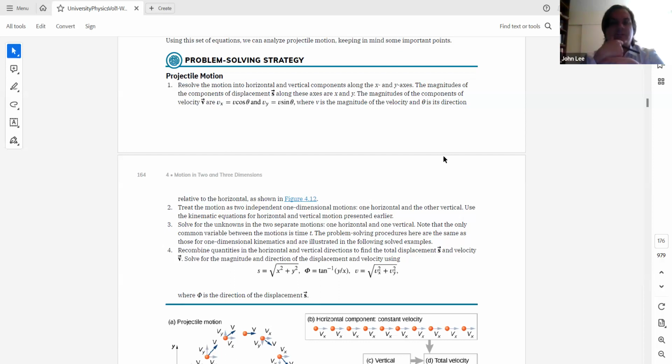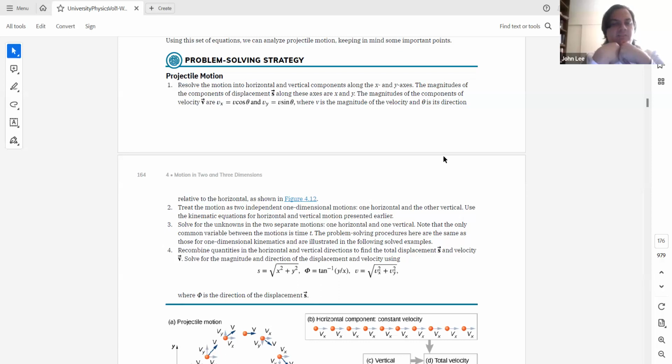The magnitudes of the components of velocity are vx equals v cosine theta and vy equals v sine theta, which is just what we got from decomposing vectors earlier, I think in chapter 2, where v is the magnitude of velocity and theta is its direction relative to the horizontal. Then treat the motion as independent one-dimensional motions, one horizontal and the other vertical. Use the kinematic equations for horizontal and vertical motion presented earlier.